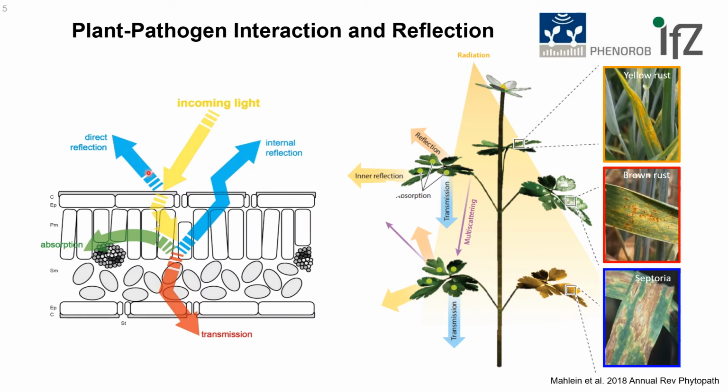So this is the situation of a healthy plant, but now imagine a plant is diseased with different pathogens like yellow rust or brown rust or septoria. Then individual changes of the plant structure and the biochemical and biophysical compositions appear, and we make use of this effect to identify and characterize the different diseases based on sensor data, as an example, like hyperspectral data.